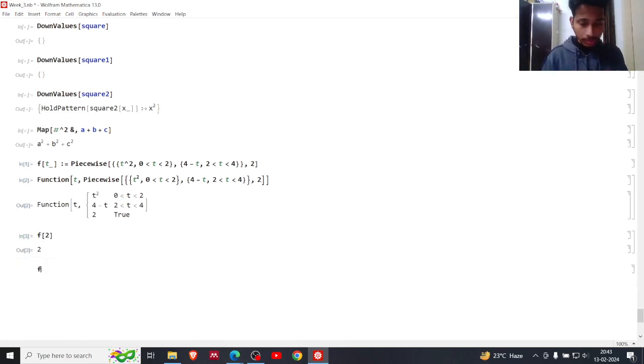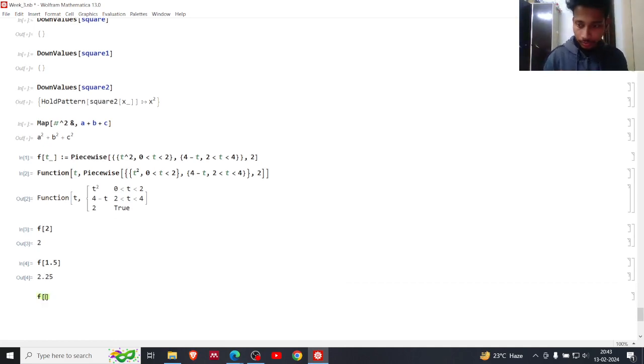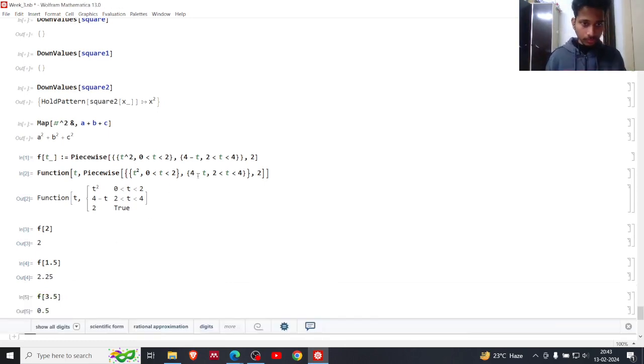But let's see f of 1.5 is 2.25, so basically this is for the t square part. Now f of 3.5 is 0.5 because it is coming in this part.